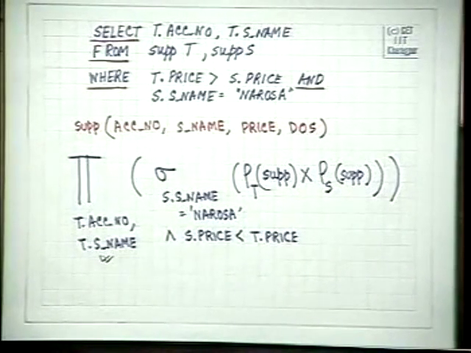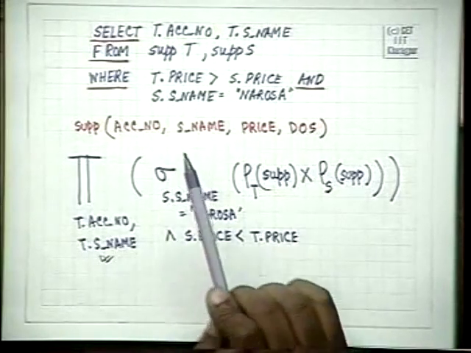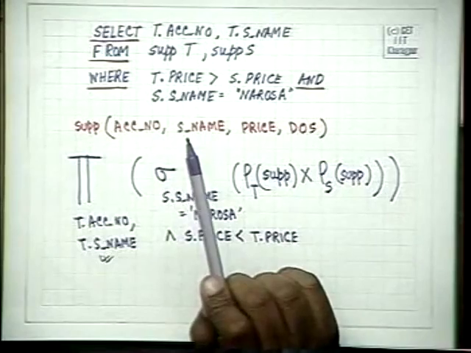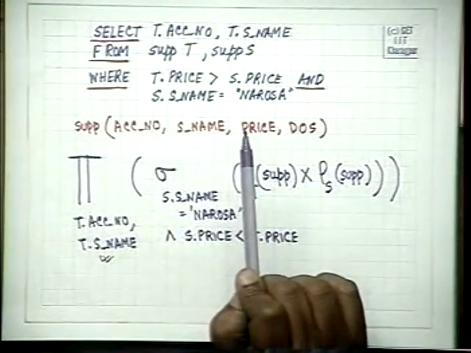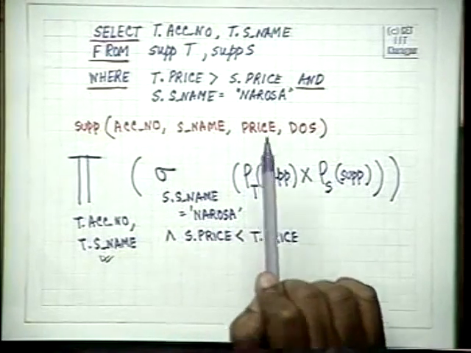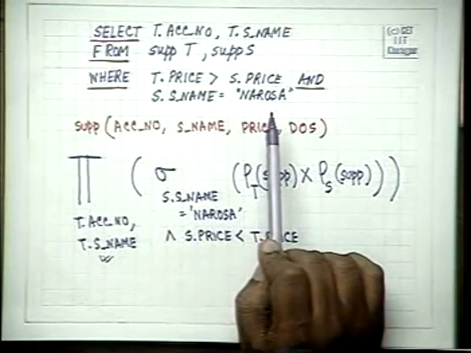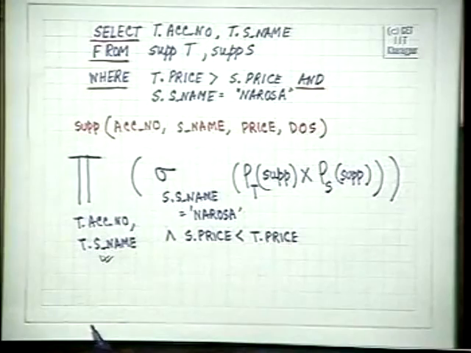So that means it is equivalent to saying that all those who have supplied even one book whose cost is more than the least price of a book supplied by Narosa will have to come out. Now even Narosa's name may come out, because if Narosa has supplied two books, then the book which has more price than the other book will come out.